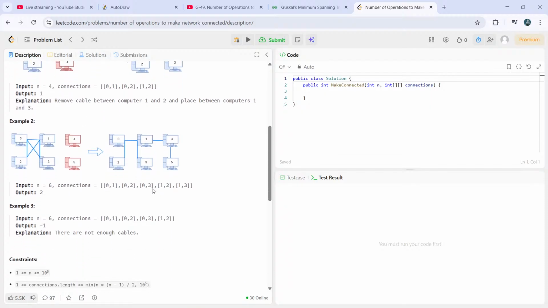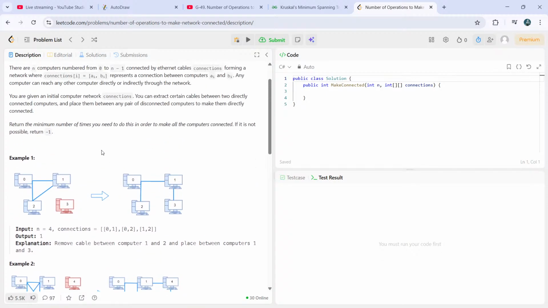And I have to give the minimum number of times I need to do this operation. This is the problem that I need to solve.